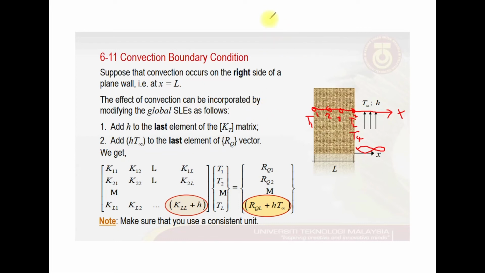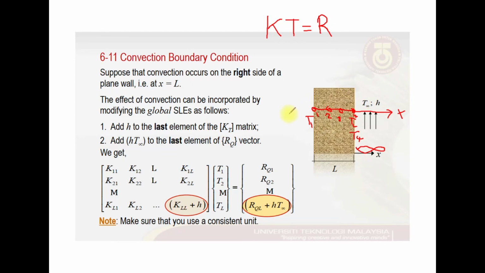In this case, we have, for example, set up the system of linear equations in the form of KT equal to R. And now our problem involves this convection process.